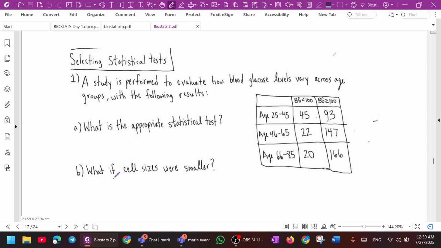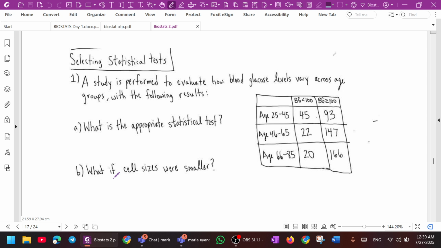So you see, it's just low blood glucose and high blood glucose. It's not numbers. That's why you didn't go with number one. If here it was like 75, here it was 100, then it was 150, whatever, then it would have changed to t-test and ANOVA. But it's just low blood glucose, high blood glucose. There are no numbers.